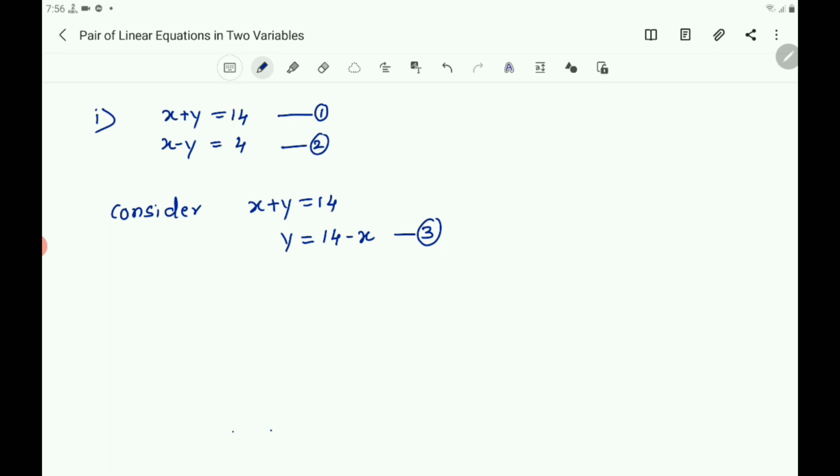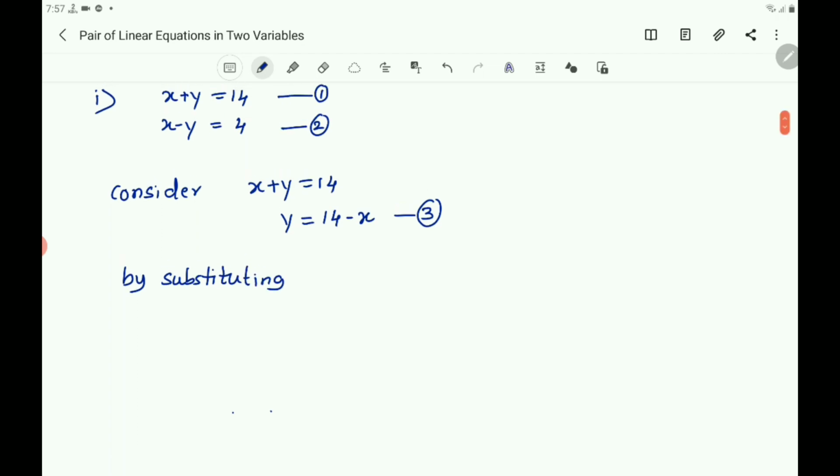Step one is over. In the second step, what do you have to do? Here, by substituting this value, y equals 14 minus x, in the second equation. Why do you have to take the second equation?